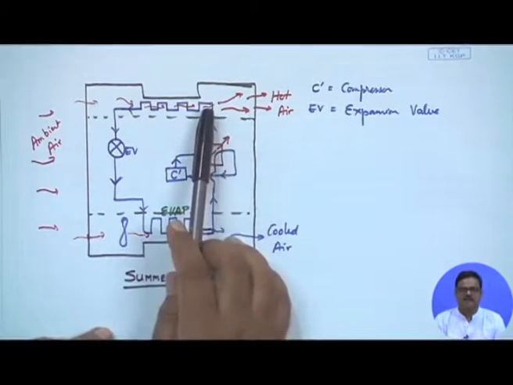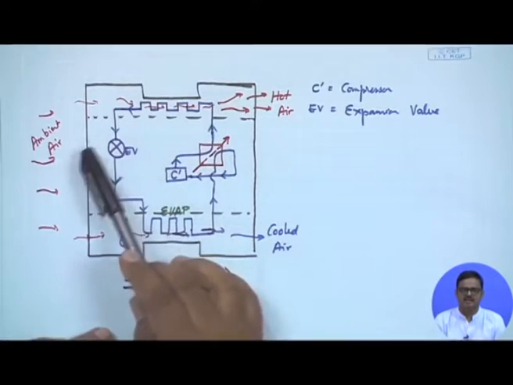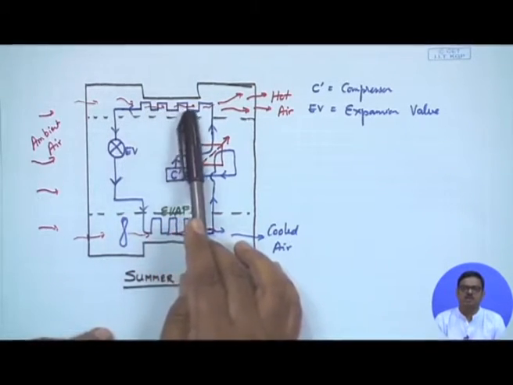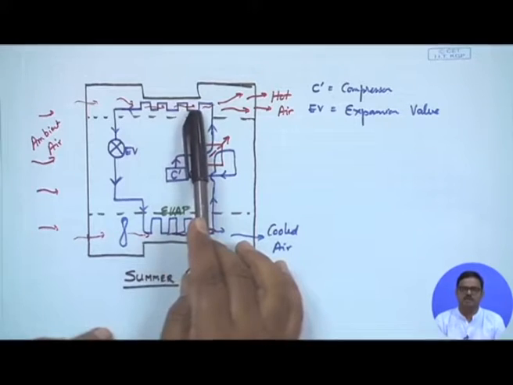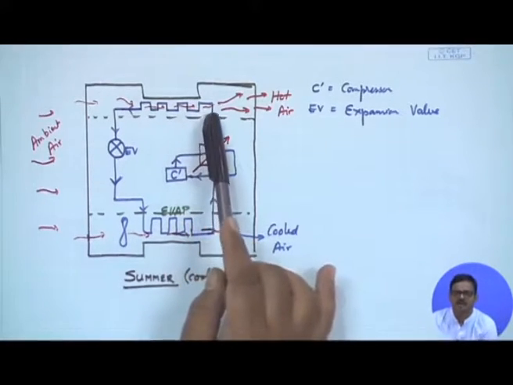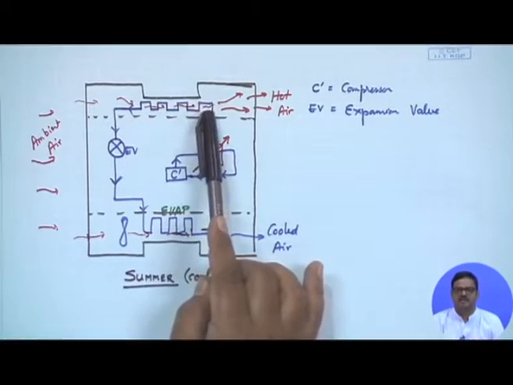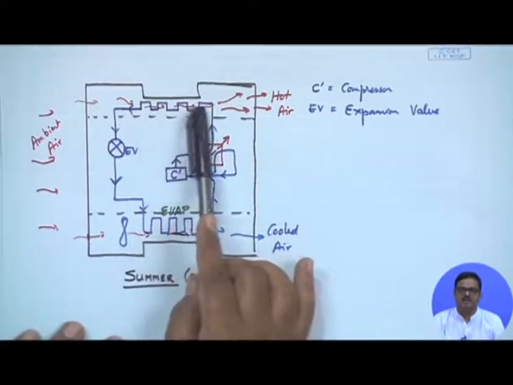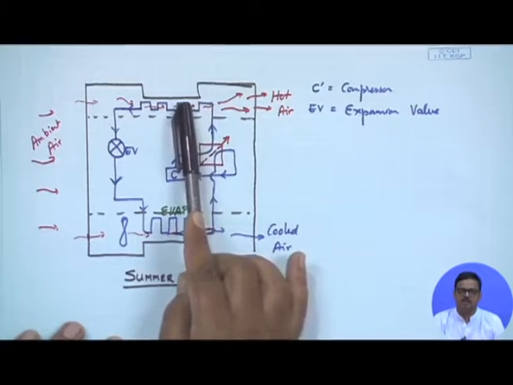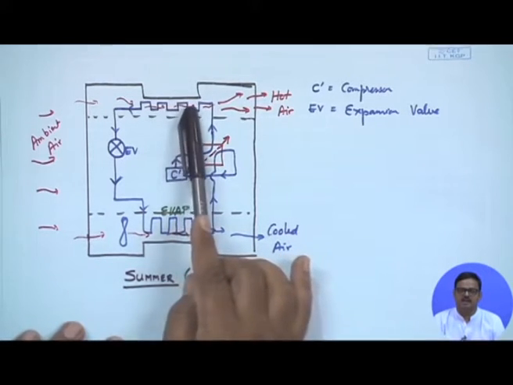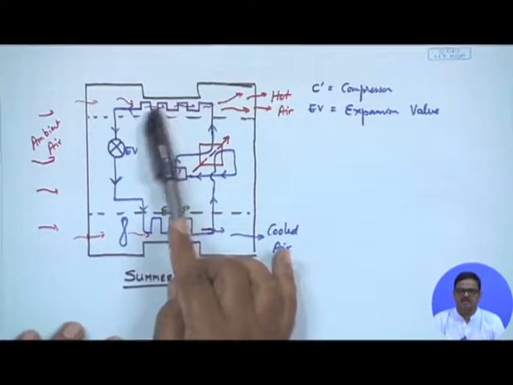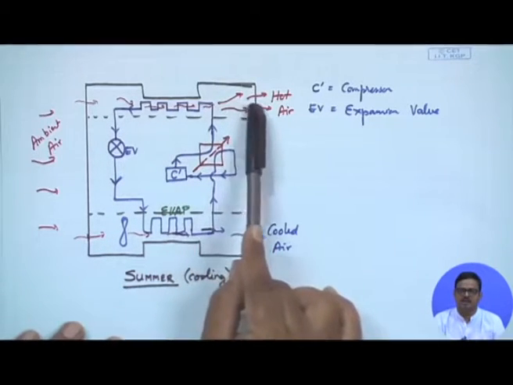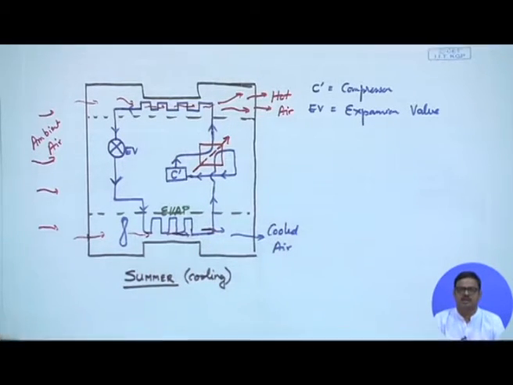What happens at the other end, where you have the condenser, is that the same ambient air is used as the cold fluid for condensing the refrigerant at high pressure from vapor to liquid. As the refrigerant condenses while going through this heat exchanger, it gives up heat which is taken up by the ambient air, and what comes out of the condenser unit is heated air.